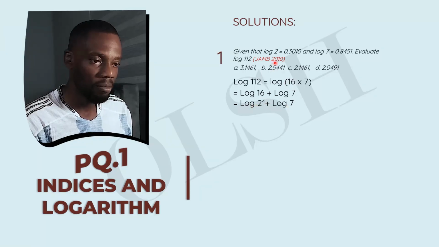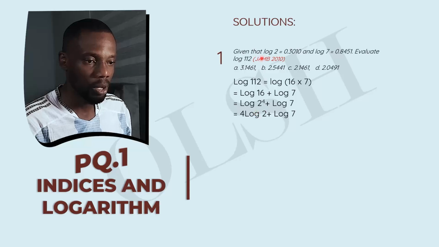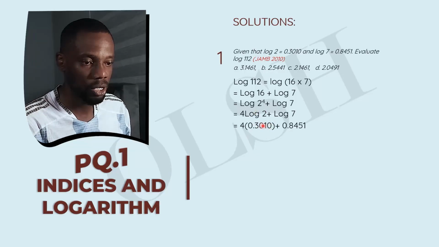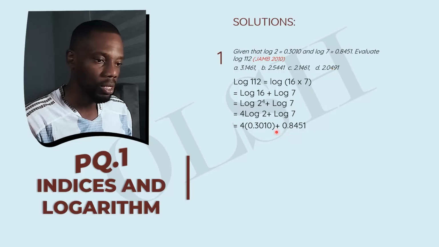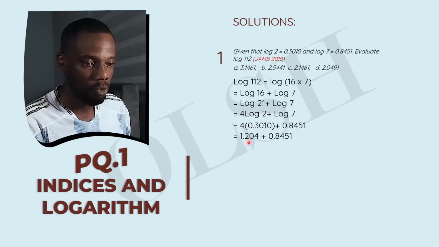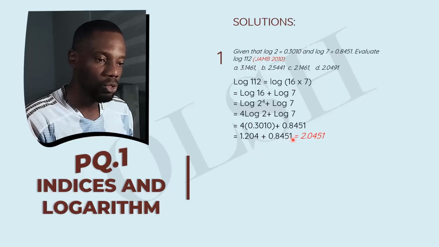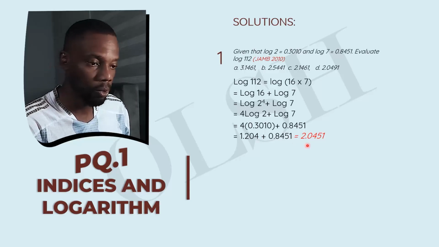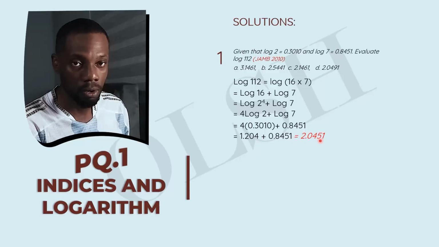This is the same thing as 4 log 2 plus log 7. So we can now bring in our values, 0.3010 for log 2 and 0.8451 for log 7, and then we simplify. Multiply 4 by 0.3010, we have 1.204, add it to 0.8451, and we have 2.0451.